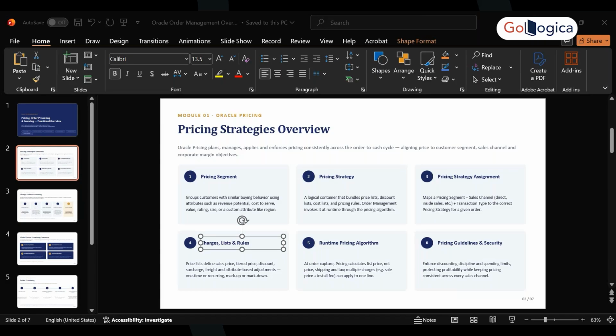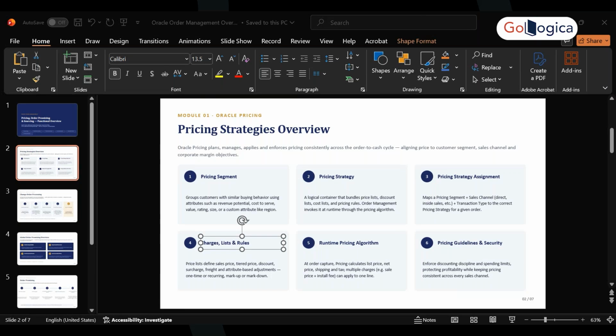So multiple charges may be applied to the same sales order line. For example, a customer purchasing a machine may pay the product price, the installation charge, the warranty charge, and the delivery charge, and Oracle combines all the applicable charges and calculates the final net selling price automatically.